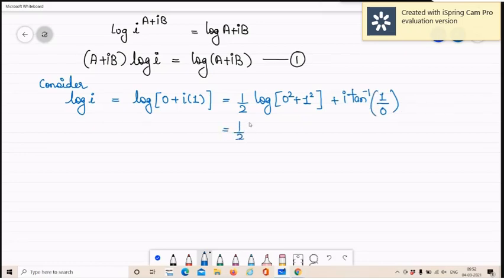Here we get half log 1, and this is tan inverse of infinity, which is pi by 2. And log 1 is 0. So log i is i pi by 2.